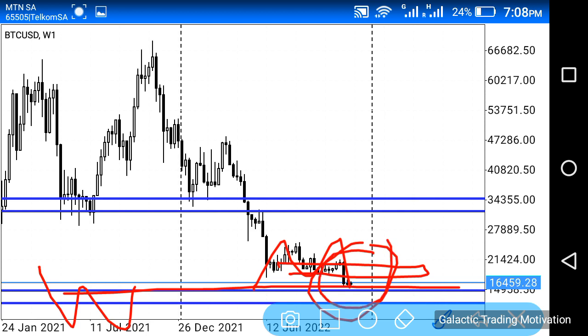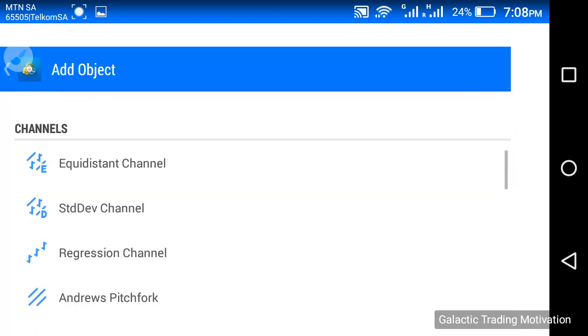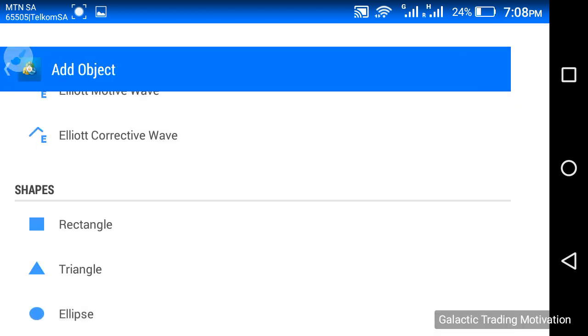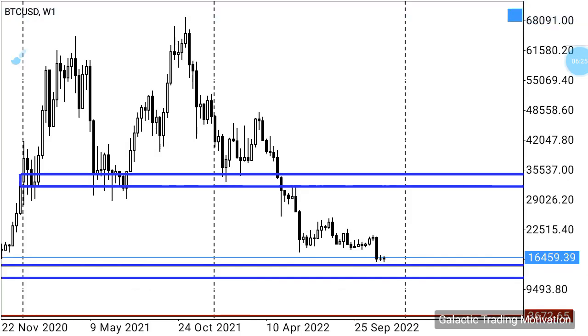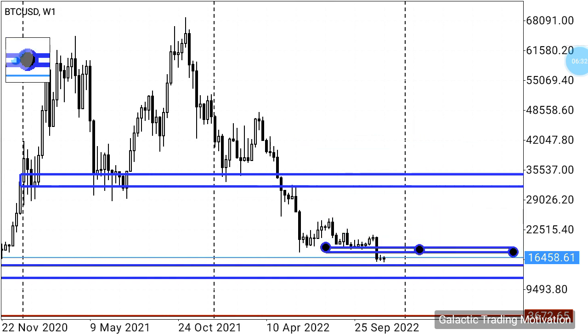In fact, let me just add a neckline for that M structure, because I believe it is a very important structure that we need to pay attention to. So just bear with me, guys, so we can say that that's the neckline of that smaller M structure that we have over here, right?